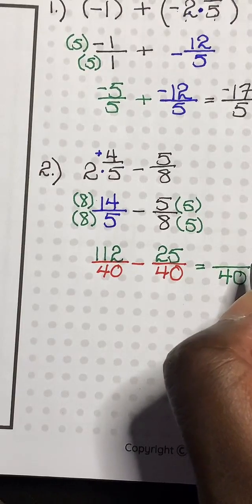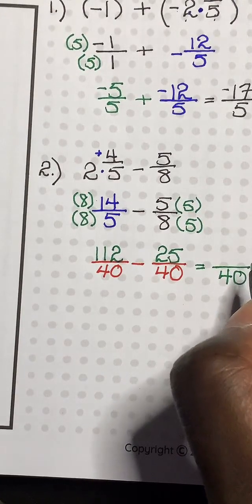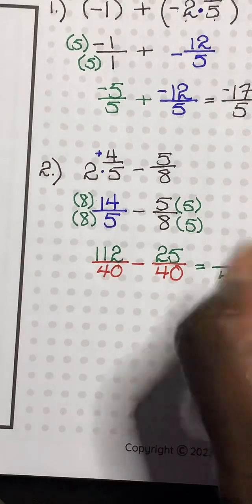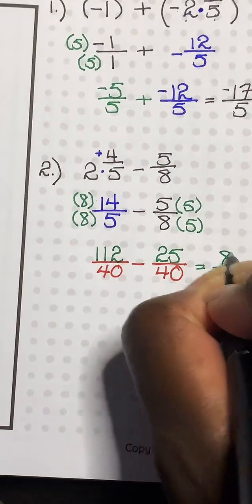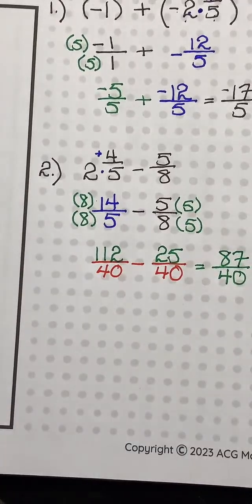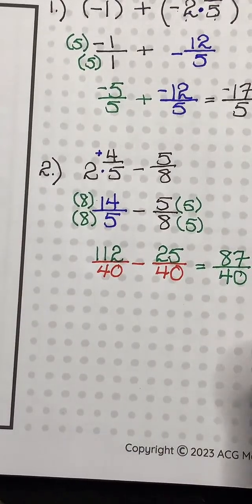Oh, I can't do math anymore. I feel like that's all I've been doing all day. 87. Should know that by now. Okay. Thank you, Gavin. Appreciate you. Yep. And we definitely got to change it from improper to a mixed number. Thank you. Thank you, Never. Appreciate you.